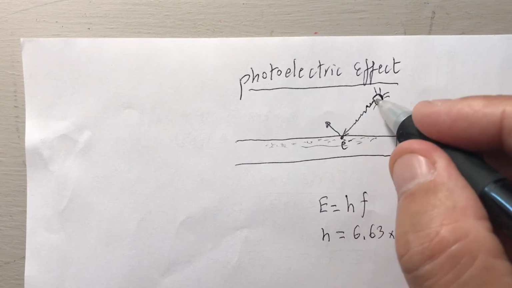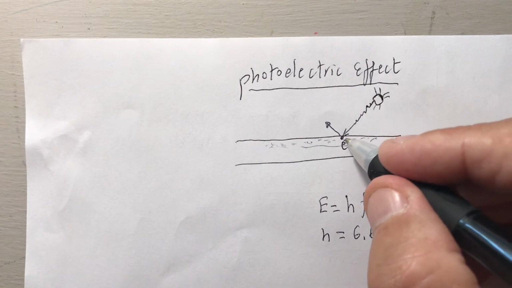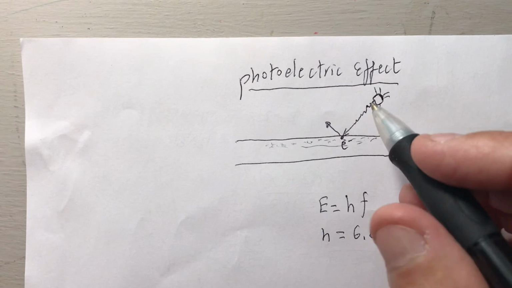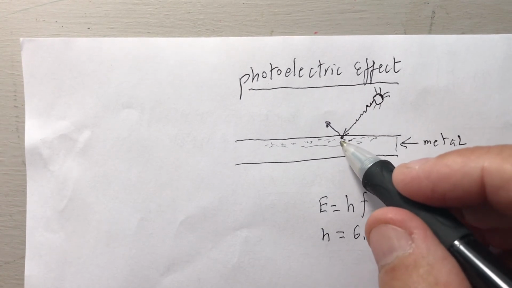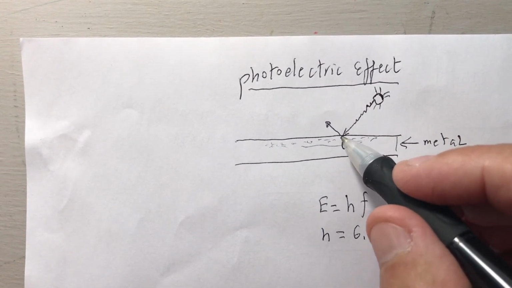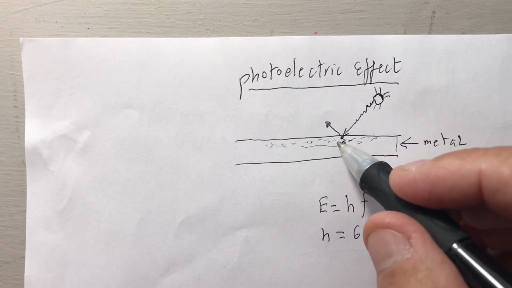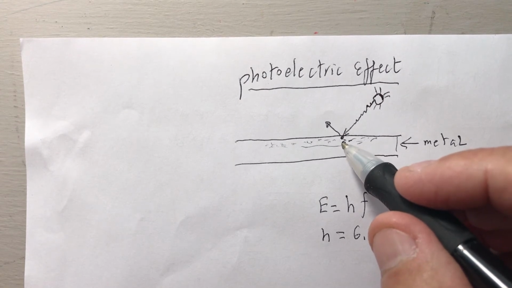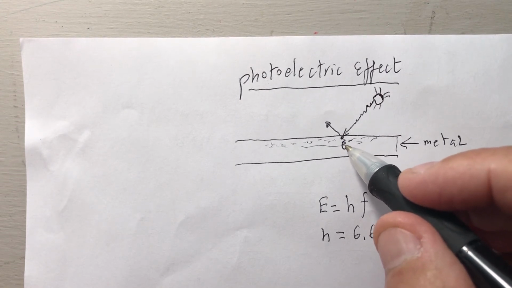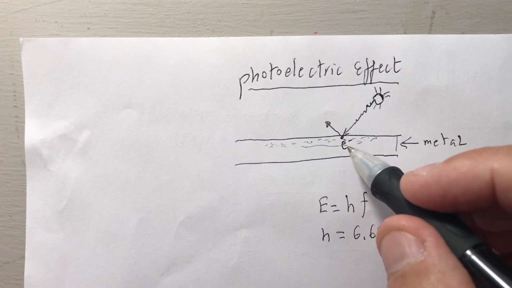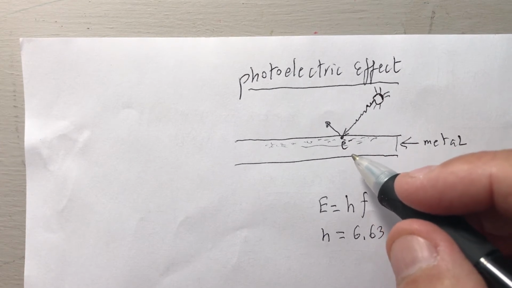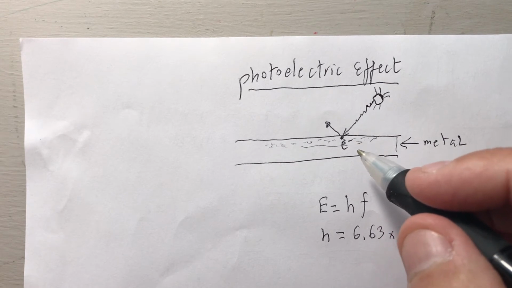Some of these electrons are free because of the screening, and some are attached to the atom through binding energy. There is a binding energy between the electron and the nucleus, and that energy is what holds the electron from leaving the atom.